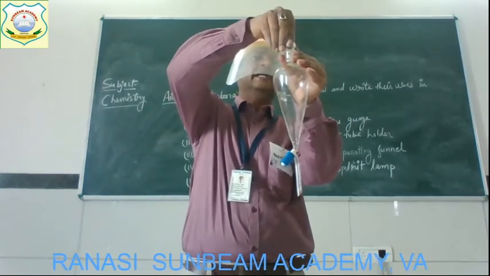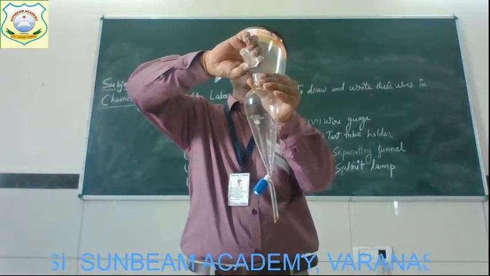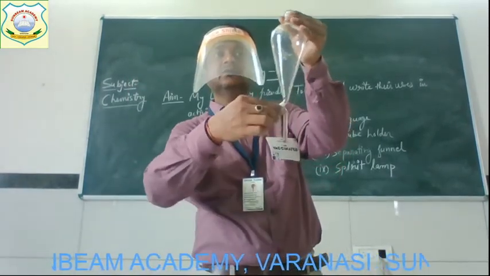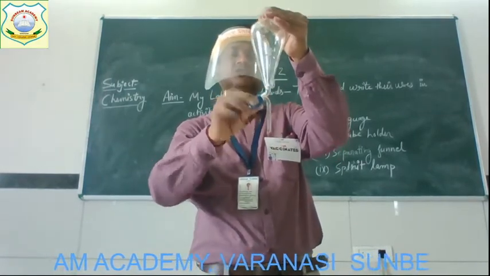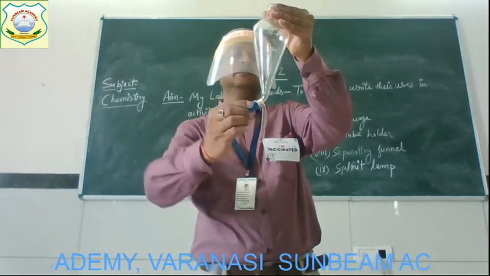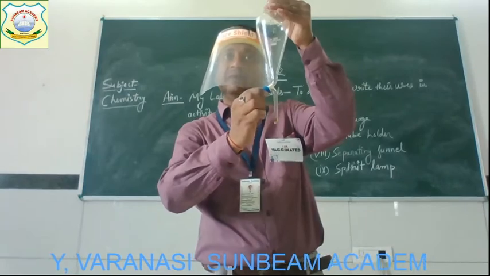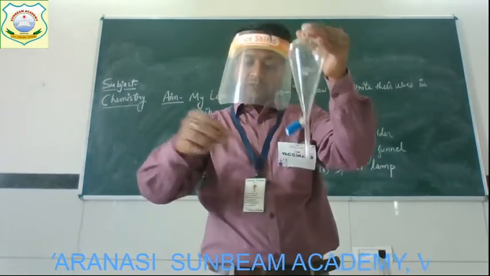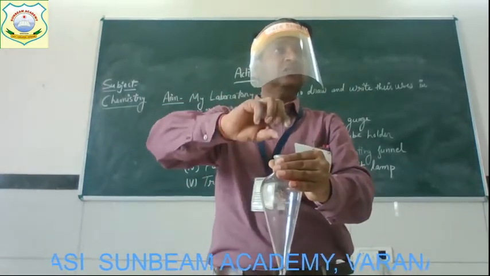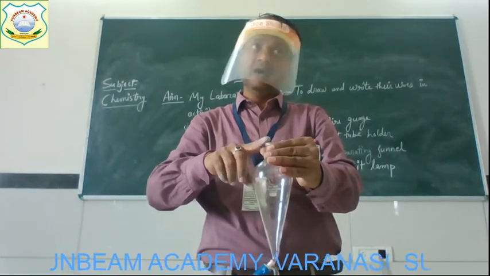Children, you can see that here. It has a mouth from where we can put the liquids like oil and water. Here we have a stopper. We can rotate it. If we rotate it, it will be on or off. First we will keep it off, then we will place the beaker below it and put both immiscible liquids, water and oil.